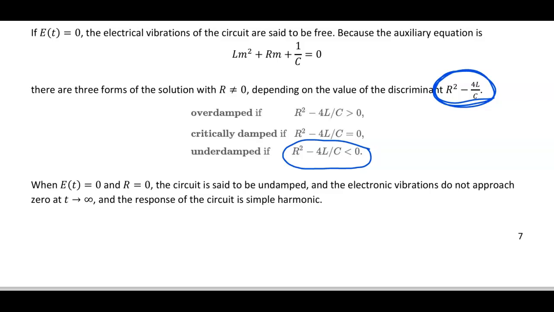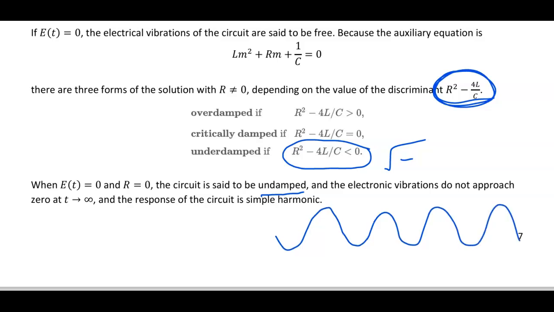And in that situation, I think that should actually say underdamped, not undamped, you end up having a simple harmonic, which would make sense because inside the square root you have the negative, so you'd have a sine cosine piece. And so the electronic vibrations don't go to 0, they just stay in that simple harmonic form like a sine or cosine function.